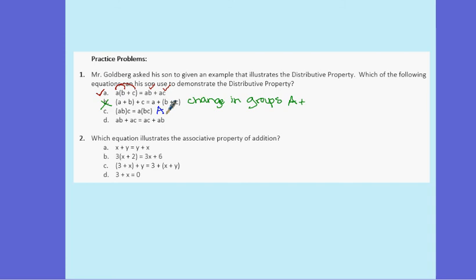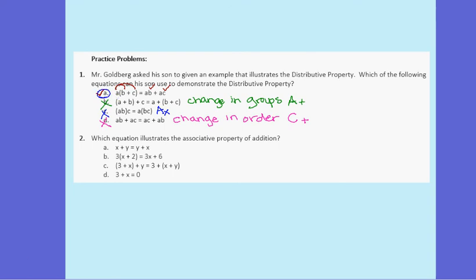This time it's the associative property of multiplication. The last choice shows AB plus AC is the same as AC plus AB. This was a change in order, which indicates the commutative property of addition, so it would not be my final answer either. I am going to go with choice A.